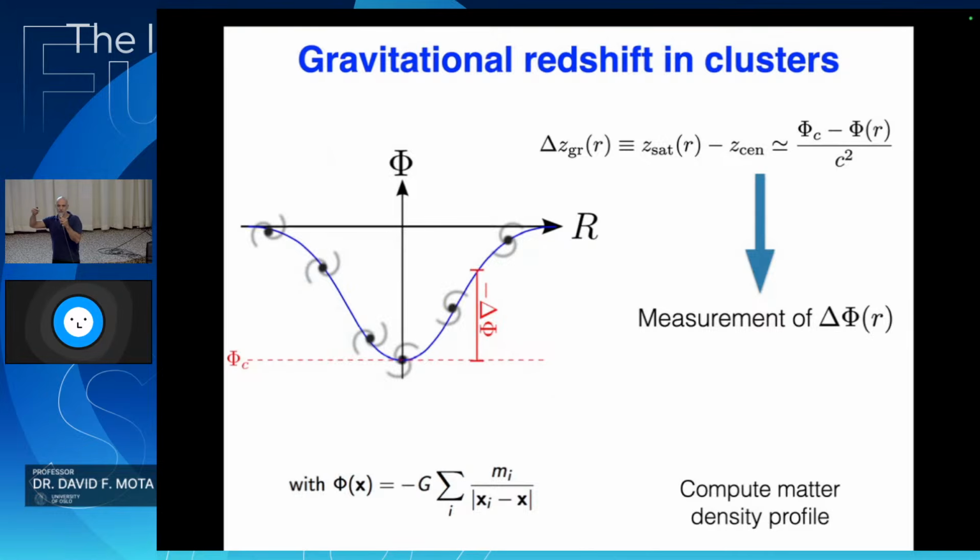I won't show you here, but when we do the N-body simulations that I showed you, we can find halos, and we can also compute the density profile of dark matter halos.